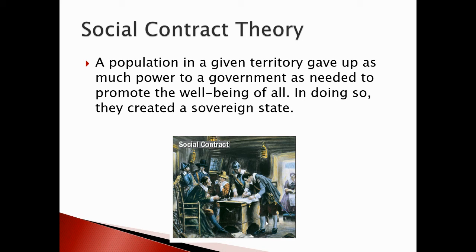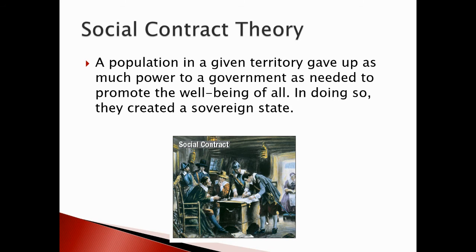And then Jean-Jacques Rousseau, a Frenchman, developed his theory, and he actually wrote a book called The Social Contract. So you take Hobbes, Locke, and Rousseau, and you have three very important figures in what will become a system of government as far as the contract is concerned.